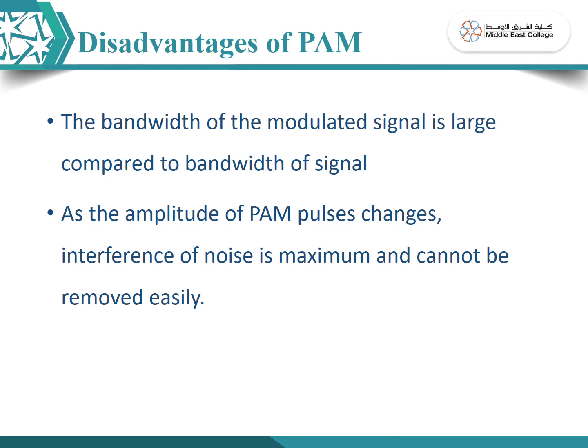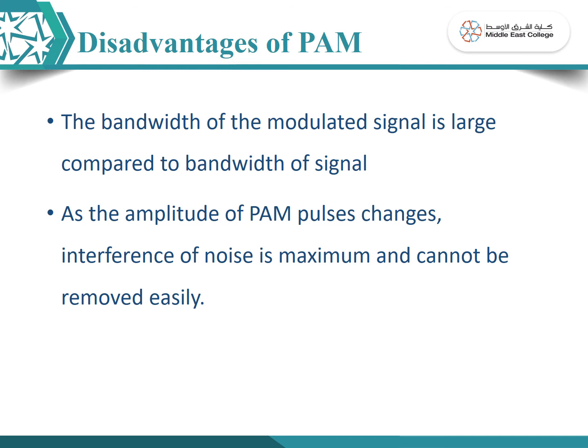Also, the amplitude of PAM pulses changes. The interference of noise is maximum and cannot be removed easily. Noise also appears in terms of amplitude. In PAM itself, you identify the signal by the difference in the amplitude of pulses.